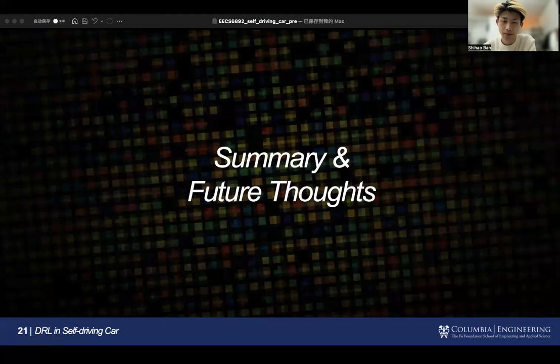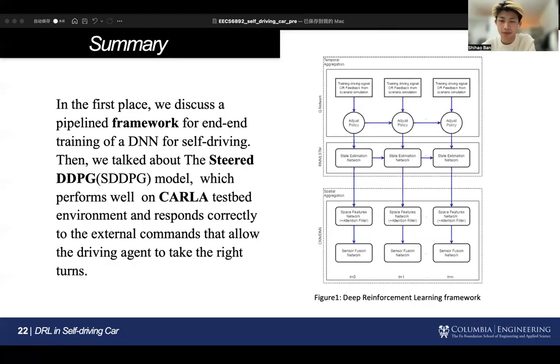Let's summarize. At first, we discussed a pipeline framework for end-to-end training of a DNN for self-driving. Remember this figure, right? We separate it into 2 parts: the spatial part and the temporal part. I have to say that framework is very important because it lets me know the foundation of the DNN for self-driving.